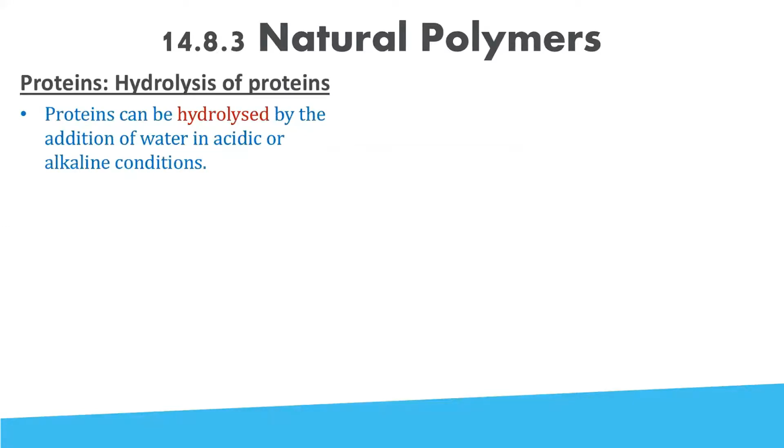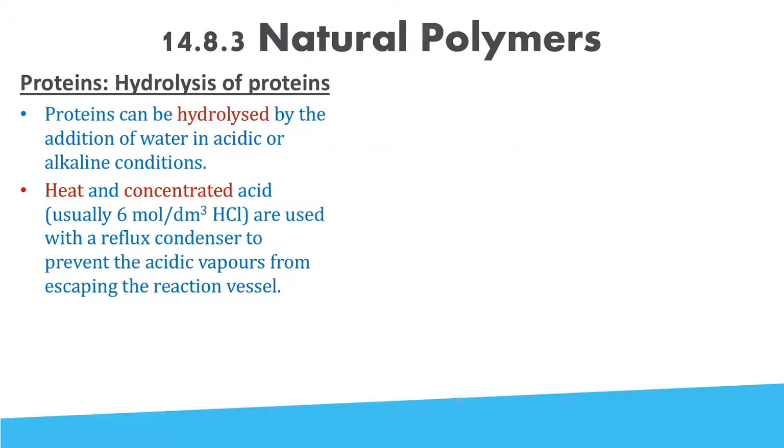And like carbohydrates, proteins also hydrolyze. That means proteins are broken down into amino acids. But for this to occur, we have to heat using a concentrated acid. Usually hydrochloric acid is the one used in both cases, so you can mention concentrated acid for carbohydrates and proteins.